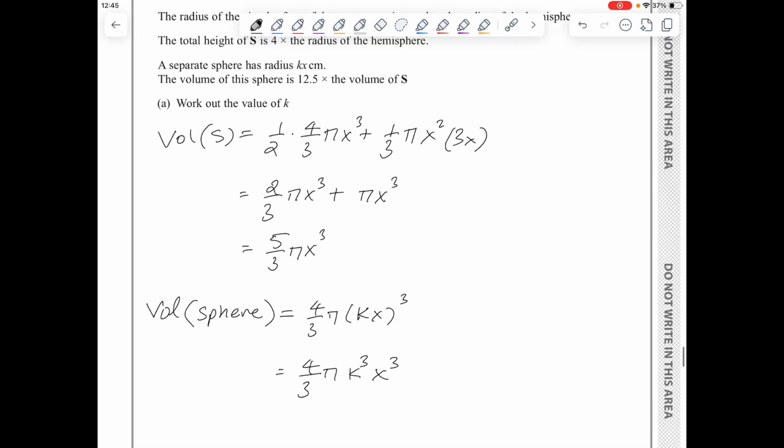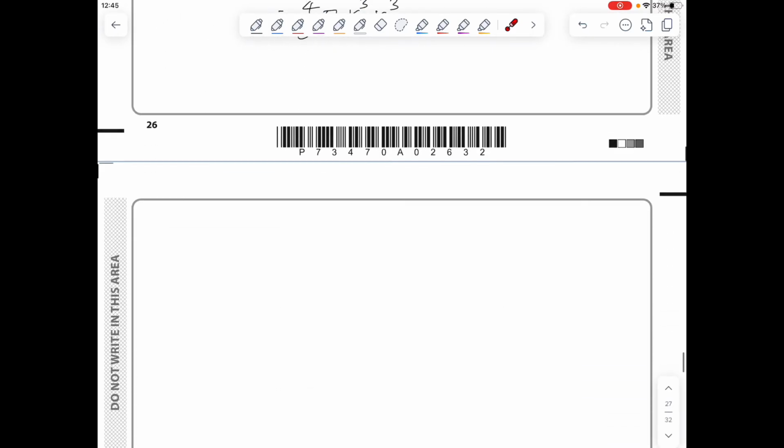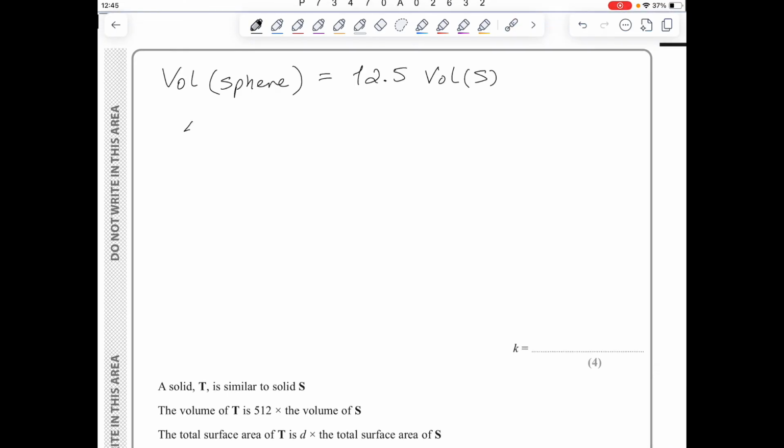Then I'm going to use the fact that the volume of this sphere is 12.5 times the volume of S. So 4 over 3 pi k to the power of 3 x to the power of 3 is equal to 12.5 times 5 over 3 pi x to the power of 3.